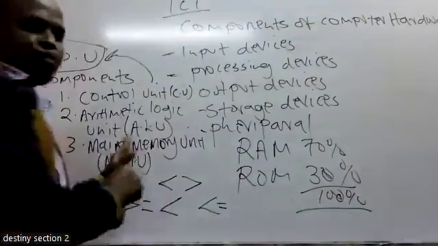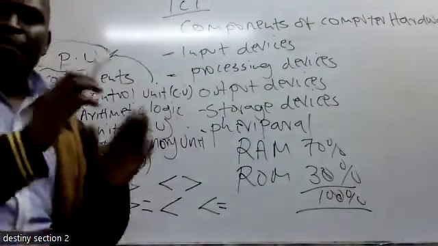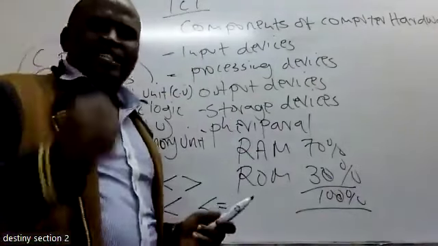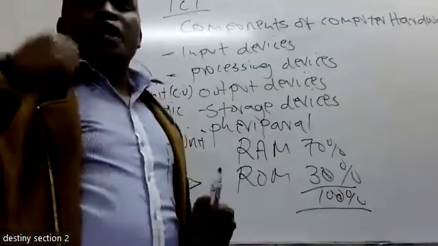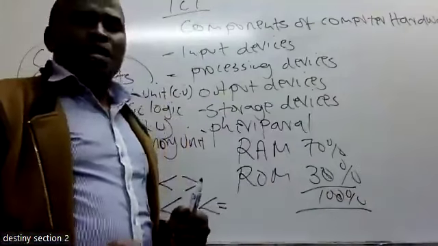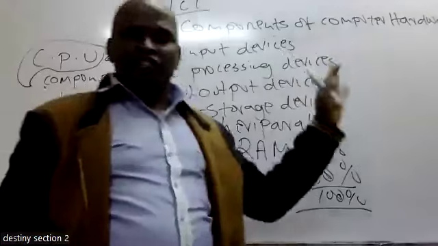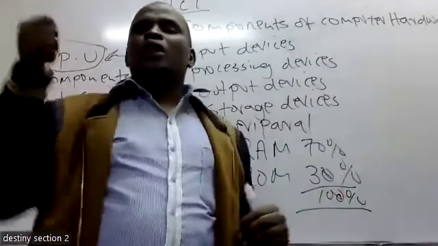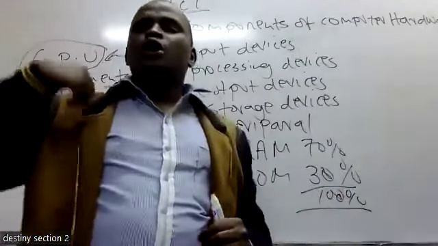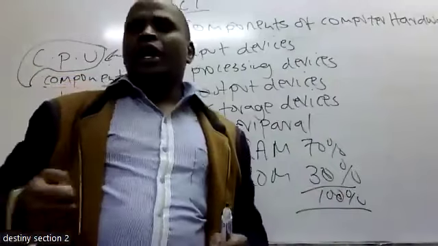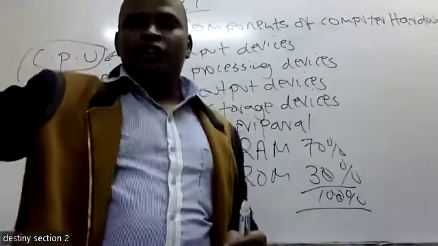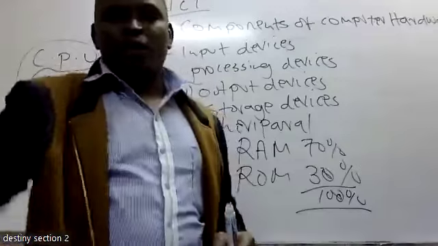This is the primary memory. It is the basic thing the computer at least requires to function. So it means I can even use my computer without the secondary storage devices. But the problem is that I will not save my work, nor will I retrieve the work I had done previously.